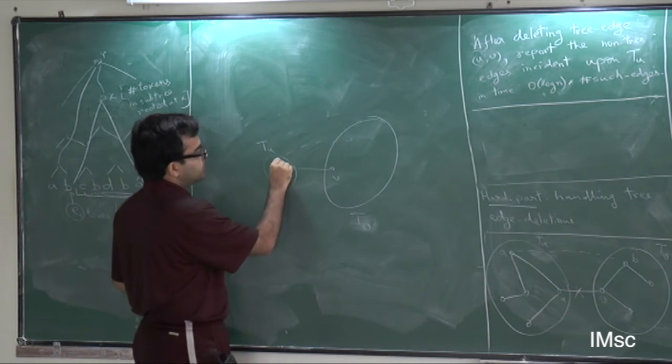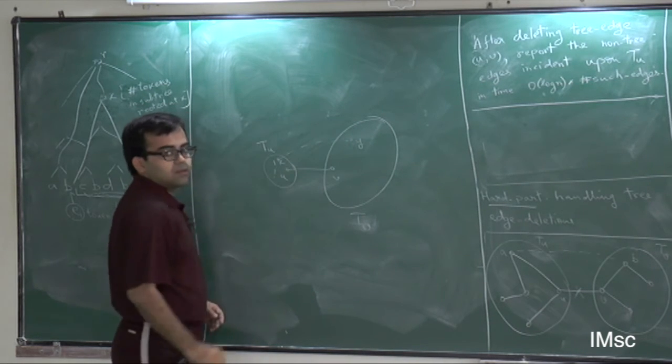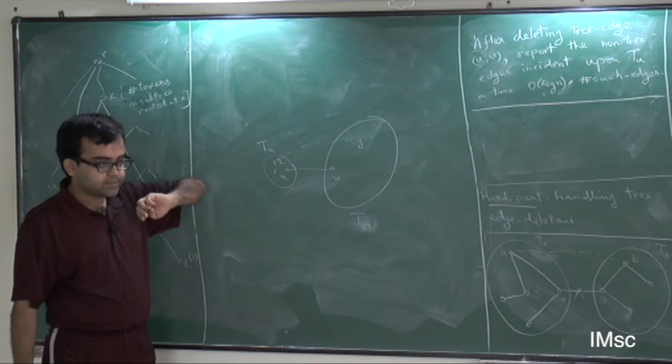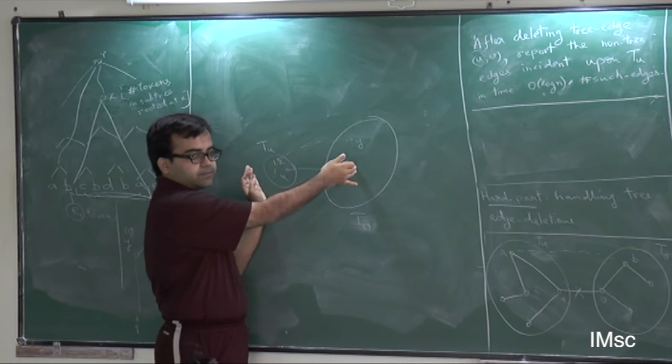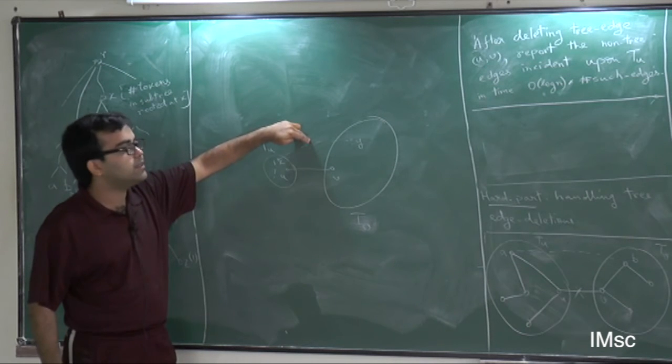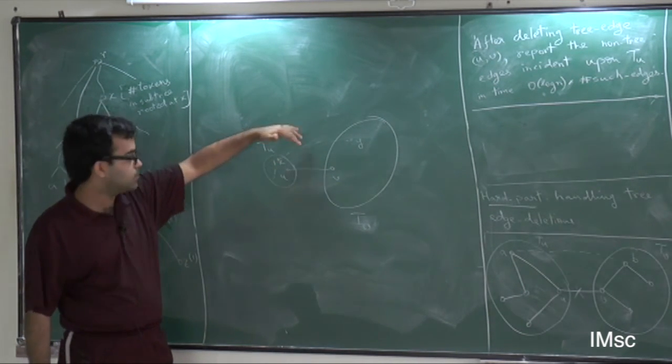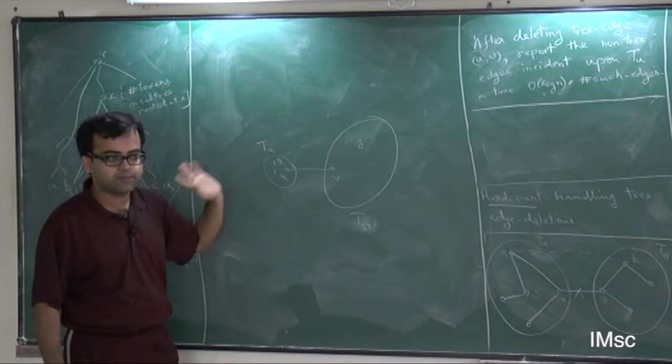Say this edge is x y. First of all, you will insert this edge into your ET tree data structure, so that these two trees get merged. And the second is that this edge will no longer count as a token. Earlier this was counting as a non-tree edge, so delete this edge as a token from x and y.